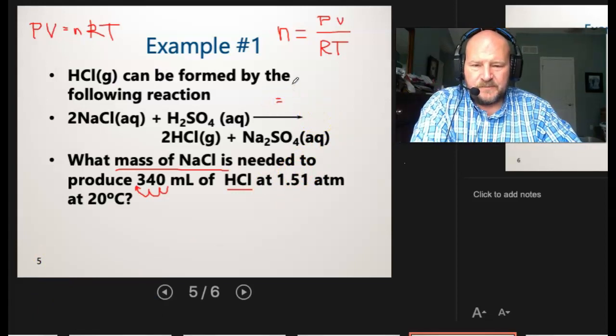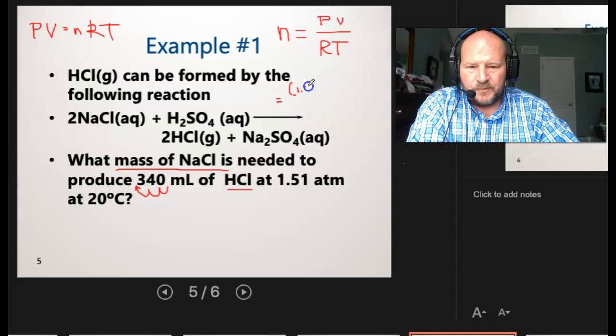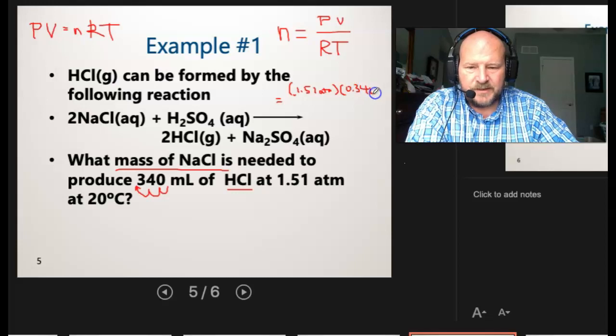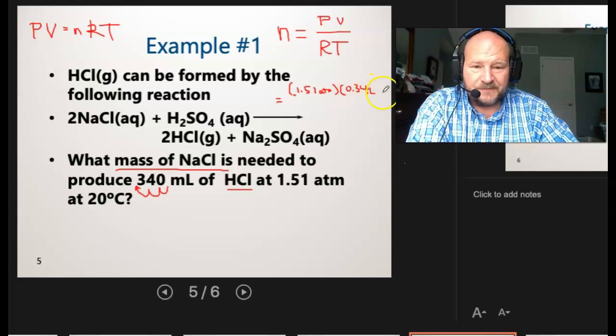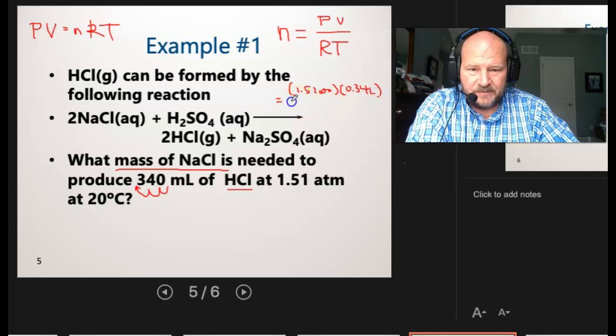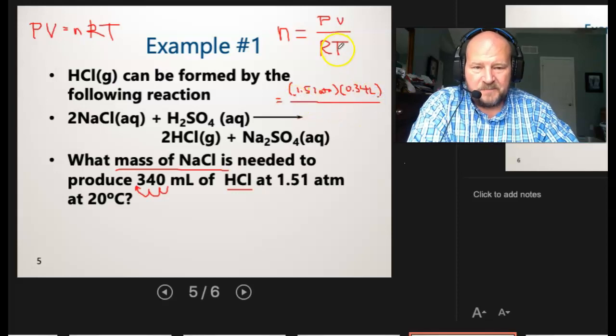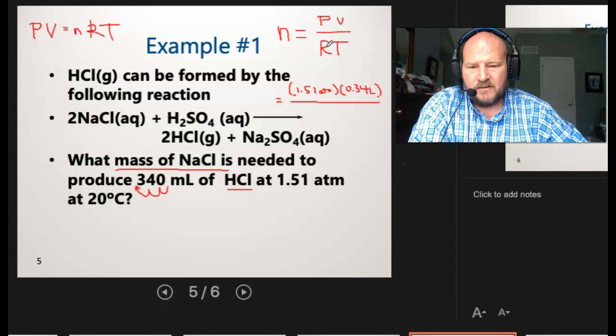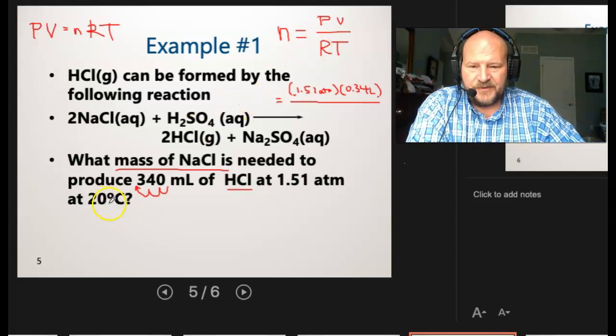So we're going to say equals 1.51 atmospheres. We're going to multiply that by 0.34 liters. Remember, that's only 2 sig figs. Want to keep that in mind. We're going to divide that by R. So let's see, we're in degrees C, which we're going to convert to Kelvin.